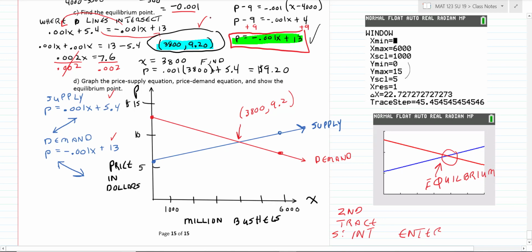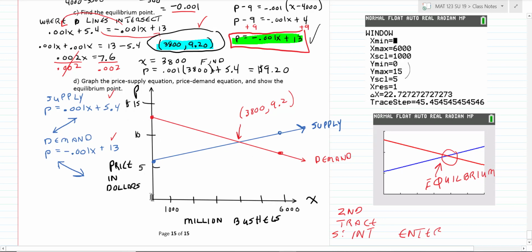So what that means is this would be a point where the supply and demand are equal. Typically supply increases as you produce more things. The price increases when the supply gets bigger. And I kind of think of it this way. If the supply is big, what's happening is the demand's going down.